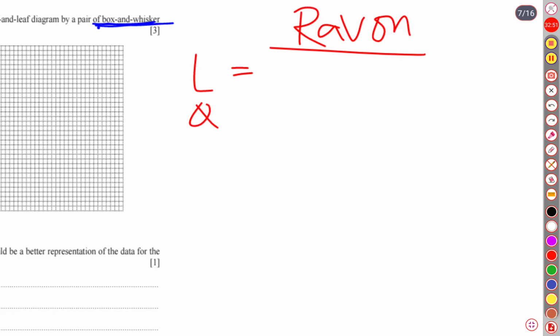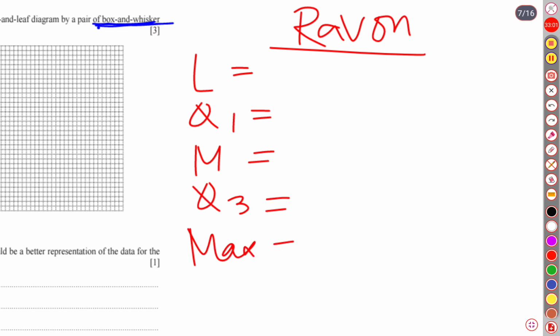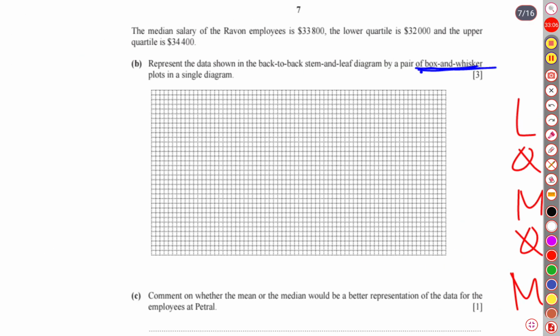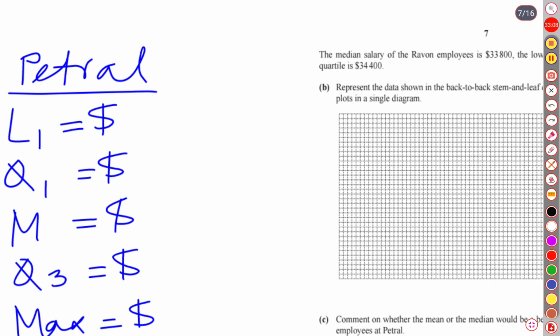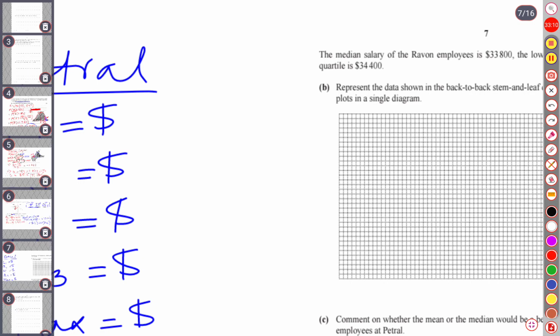Then lower quartile. Then median salary. Then upper quartile. Then last of all, maximum salary of the data. So let us write one after the other. First, lowest, from page number 6.